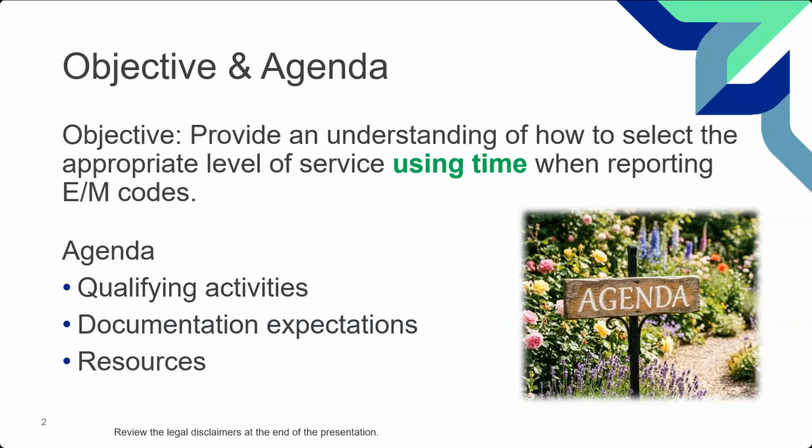So today we're going to be covering what activities count and what activities do not count when you're determining the time that you want to use to choose your level of service. We also are going to discuss some documentation expectations. Time is simpler than medical decision making, but we still get questions about what reviewers are looking for when they're looking at provider documentation. And then also we have included some resources in the training material today that are going to help you make that decision.